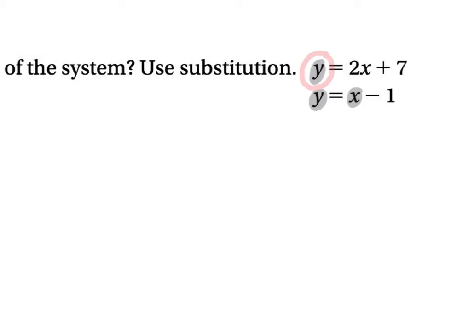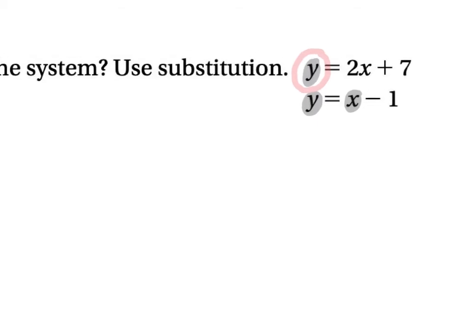Now what I'm going to do is use the first one. I'm going to use y equals 2x plus 7 as my sub. Okay, so that's the one that's getting tired. That's the one that needs a sub. So wherever I see y in the second equation, let's write the second equation again. y equals x minus 1. Wherever I see a y, I'm going to plug in 2x plus 7, our first equation.